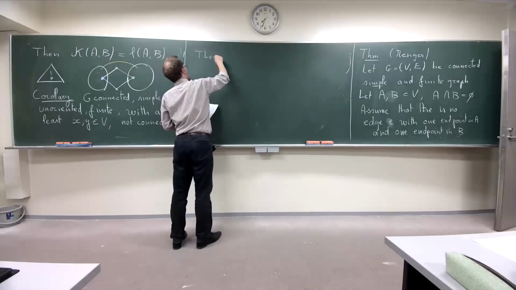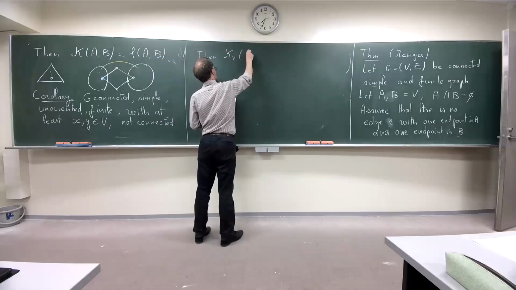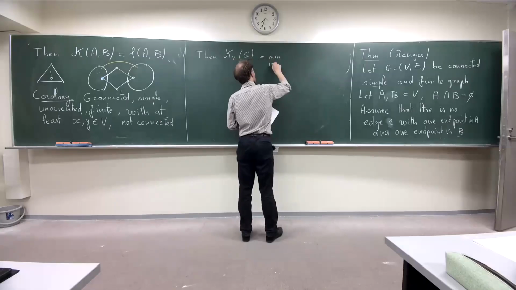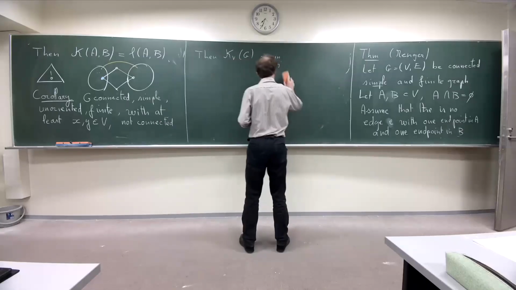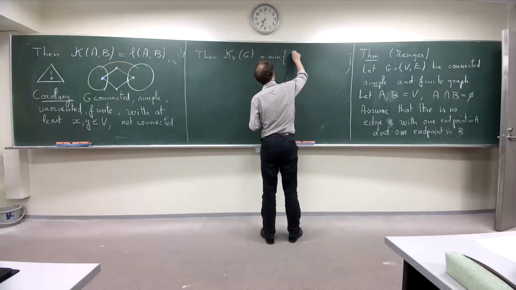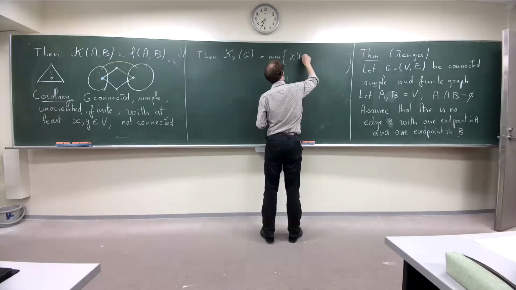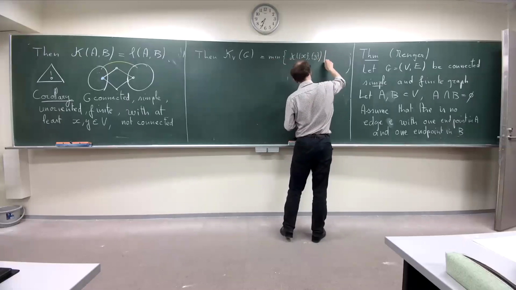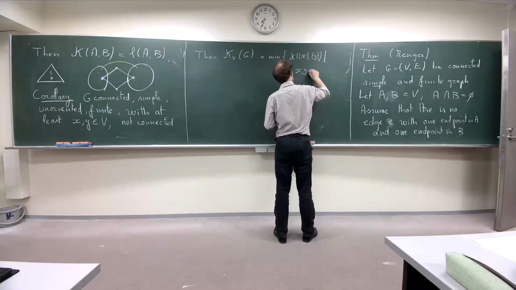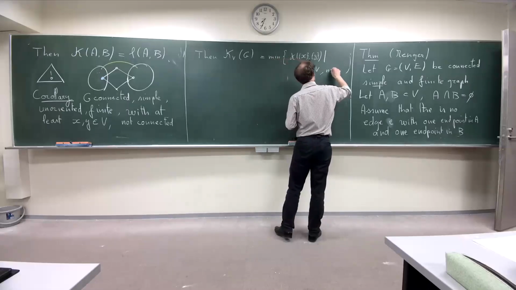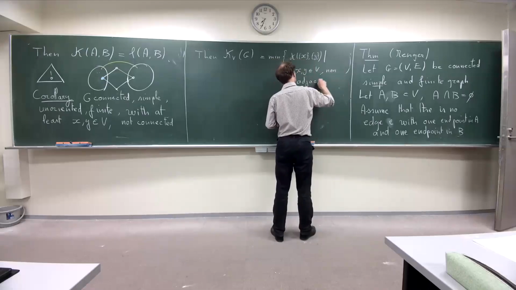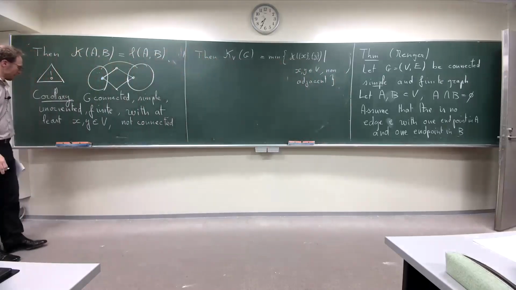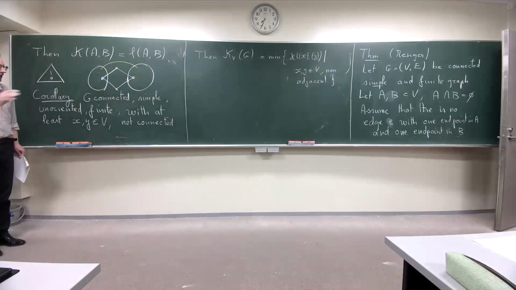Then kappa V of G, which I have defined as vertex connectivity, is a minimum over X, Y non-adjacent. This is rather straightforward. You just need to check the definition.